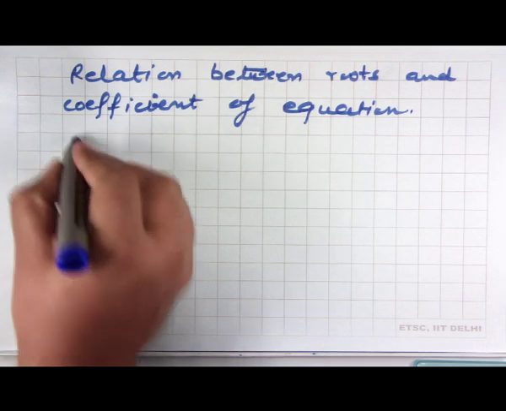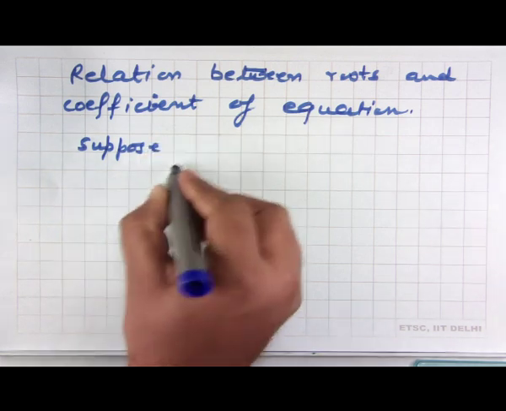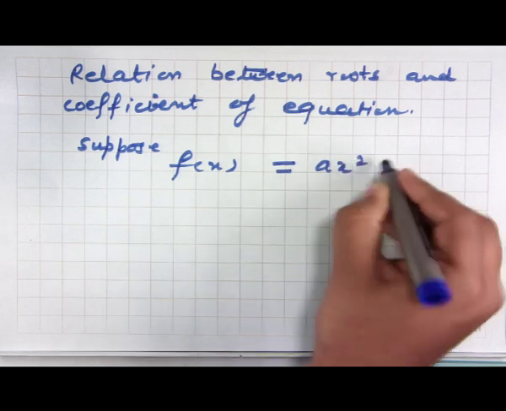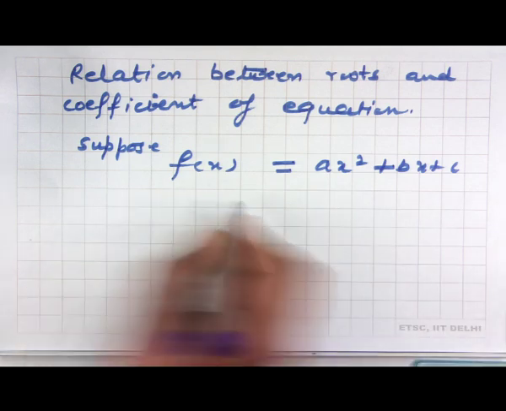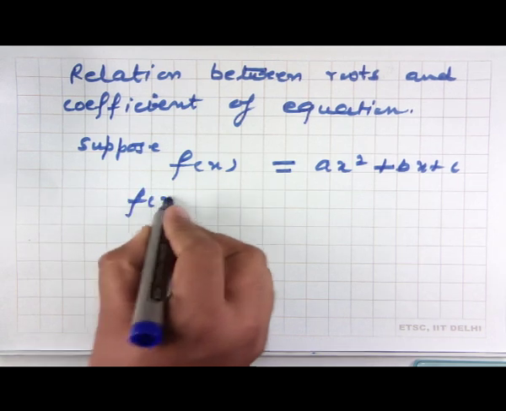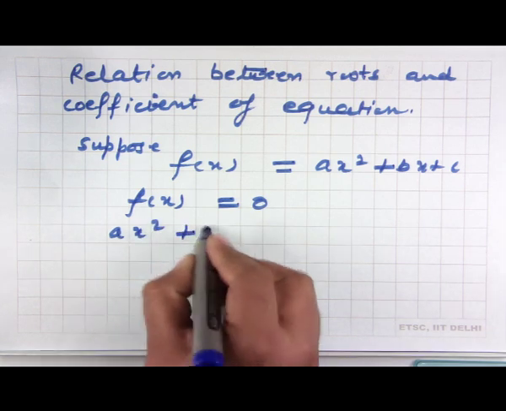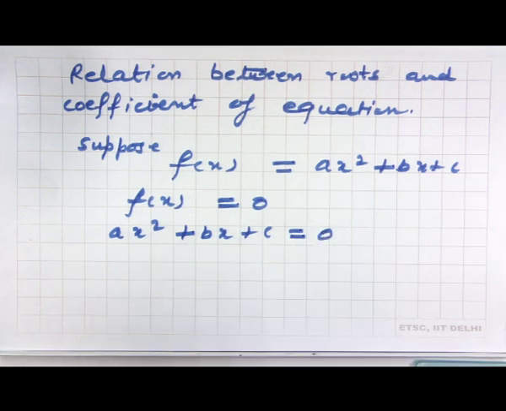Suppose f(x) is a quadratic polynomial which can be written as f(x) equal ax square plus bx plus c, and if it is a quadratic equation then f(x) must be 0. It means ax square plus bx plus c equal 0 is a quadratic equation.